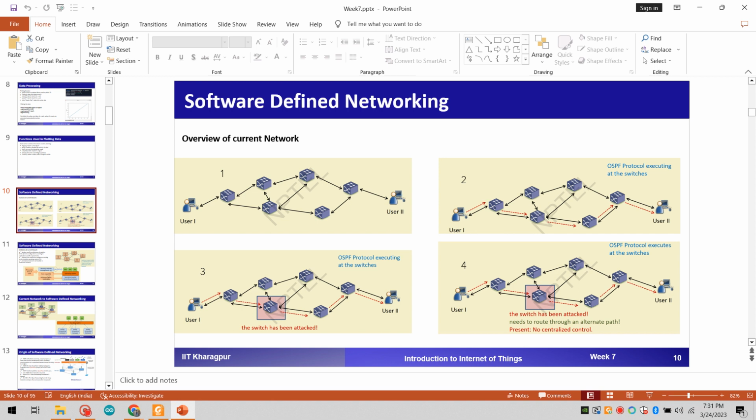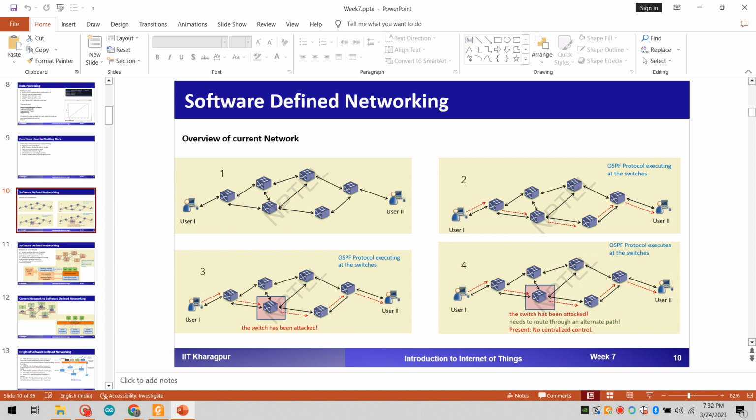Now in this case, SDN is not in the picture, because all the nodes are going to follow this OSPF protocol or any other traditional protocol, such as RIP, in order to decide the path for sending the data.